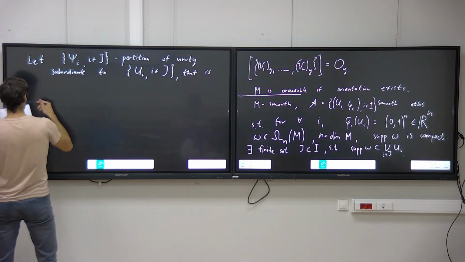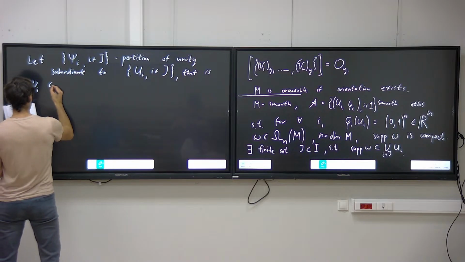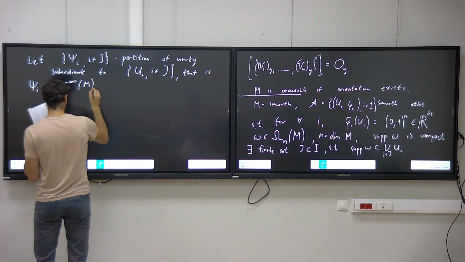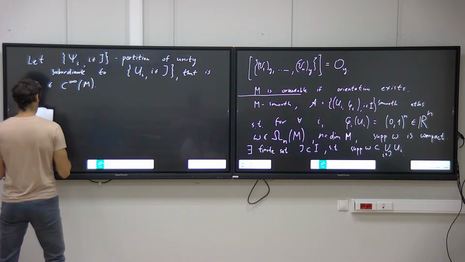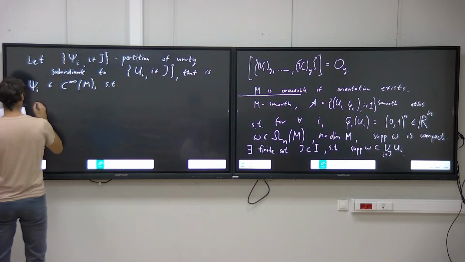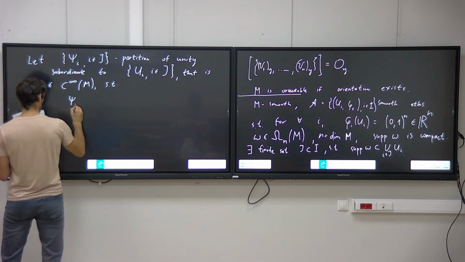First of all, each psi I here is a smooth function on M such that the following things are satisfied. First of all, the value of psi I is between 0 and 1.